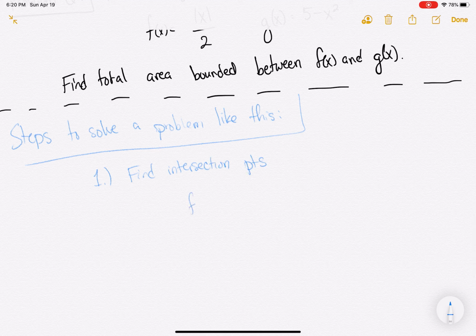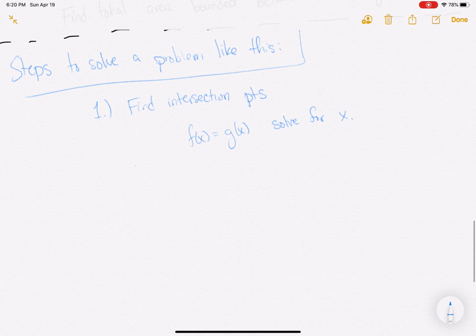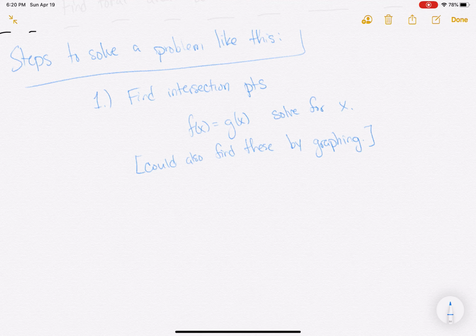You set f of x equal to g of x, you solve for x. You could also find these by graphing, and you would literally find the intersection points if you graphed it. So either way, we're going to find the intersection points.